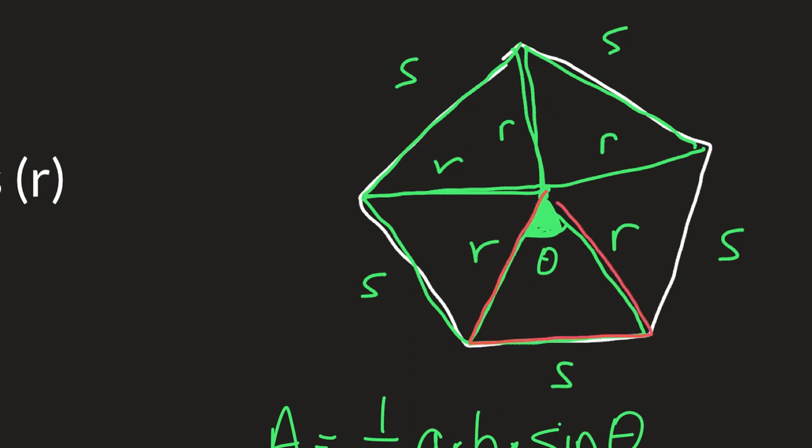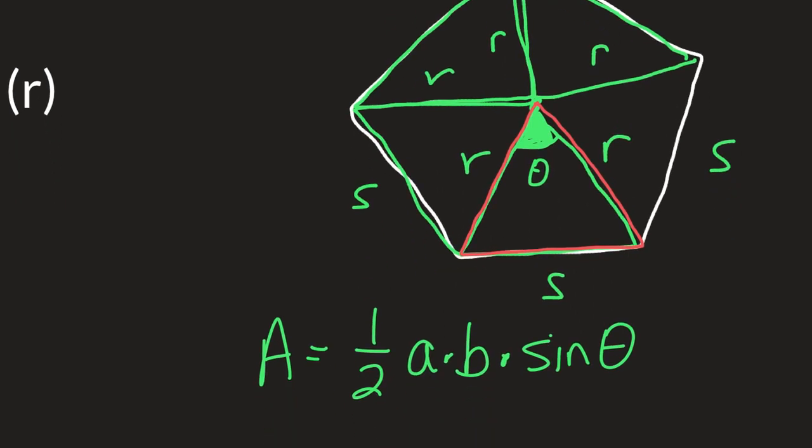In this case, we're going to replace your a and your b with r and r, right? Because the 2 sides of your triangle, the radii, are both r. So our formula changes into 1/2 of radius squared times the sine of the angle.